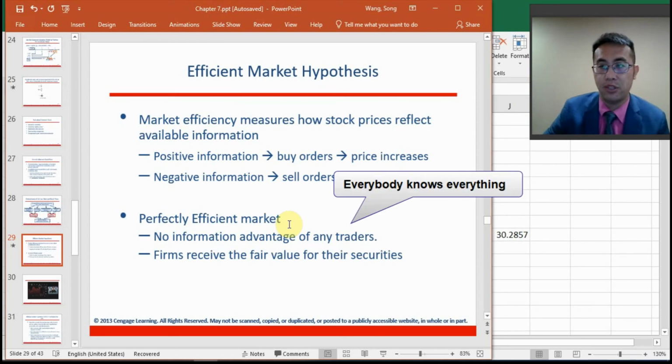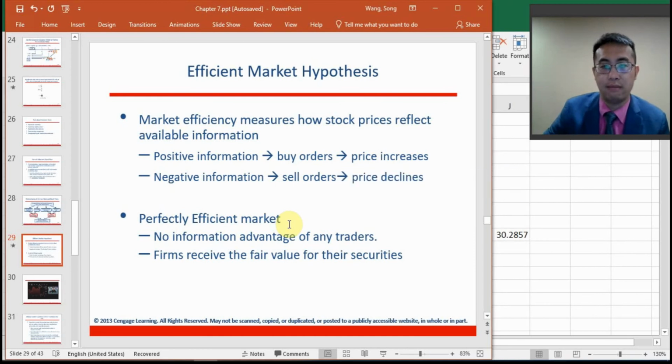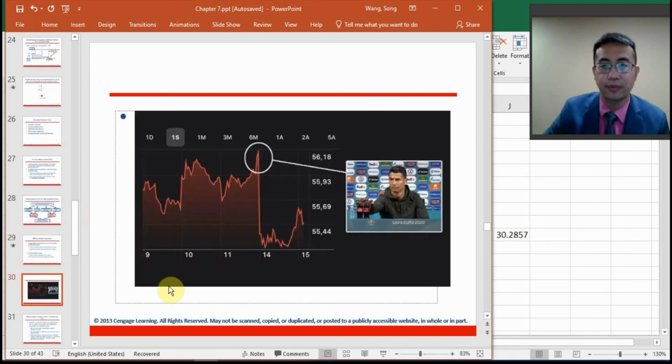So basically that means everybody knows everything. And then the stock price will be at the right amount. It will be right there at the intrinsic value. So the buyers pay a fair price for the stock, the sellers or the firms receive a fair value for their securities. However, perception matters.